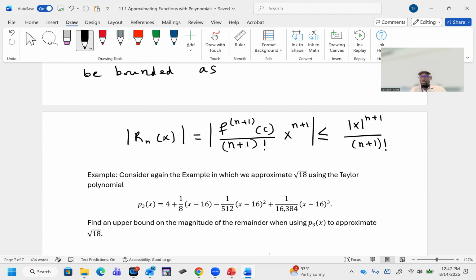Consider again the example in which we approximate square root of 18 using the Taylor polynomial P sub 3 of x is equal to 4 plus 1 divided by 8 times (x minus 16) minus 1 divided by 512 times (x minus 16) squared plus 1 divided by 16,384 times (x minus 16) to the power of 3. Find an upper bound on the magnitude of the remainder using P sub 3 of x to approximate square root of 18.